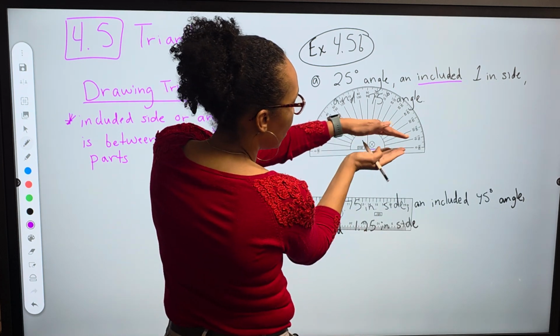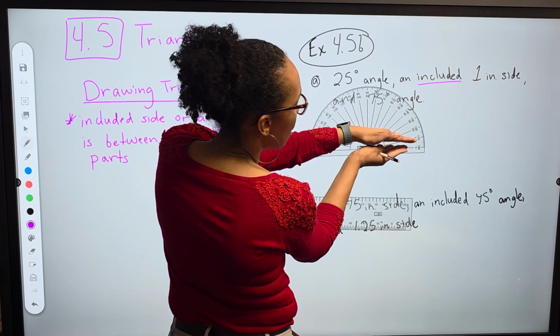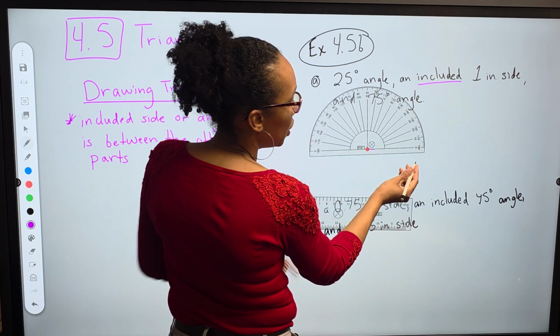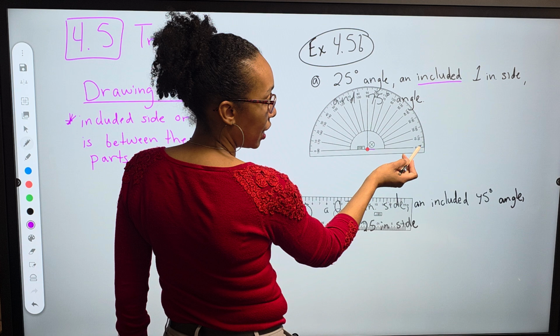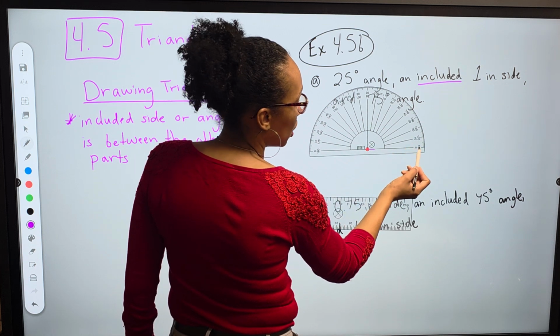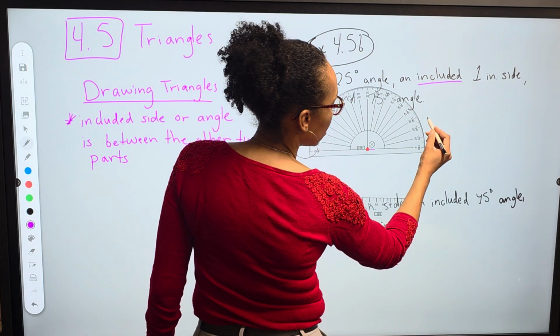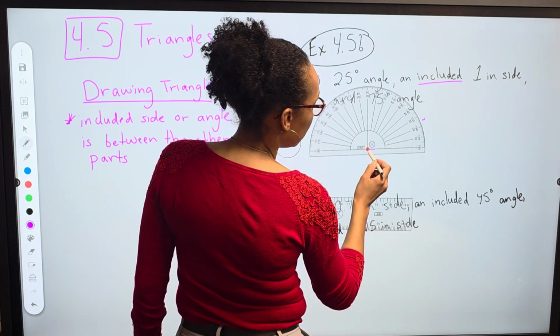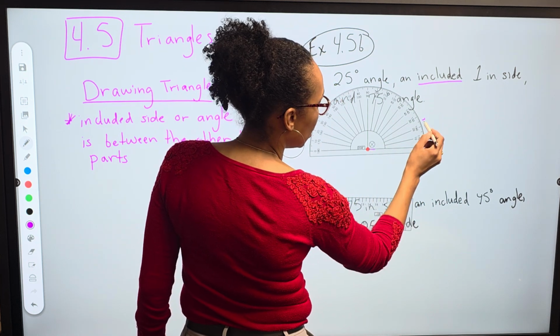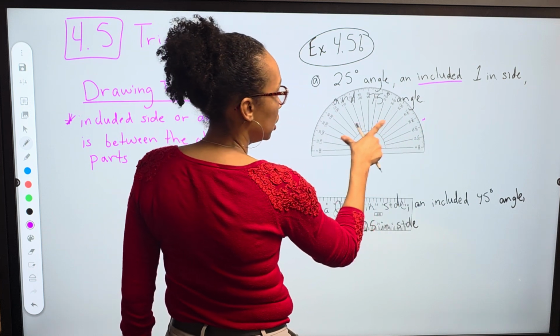So if I'm looking at the angle being 25 degrees going this direction, be sure to start at 0 on this side. Don't start with the 180, start at 0, and we're going to go to 25, which for this one, it's right here, okay? And then you would make your mark for 25 degrees.